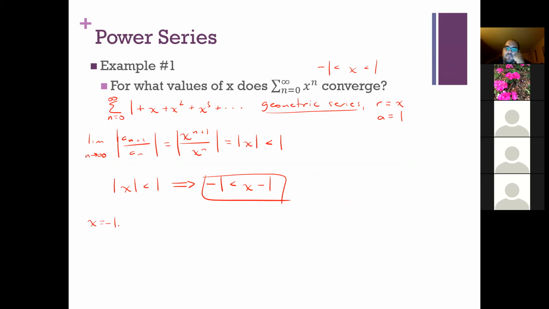So if x is equal to -1, then your series ends up being this. And I'll write out the other one too. But what does that top series do? It alternates between -1 and 1. So what's the series going to do?